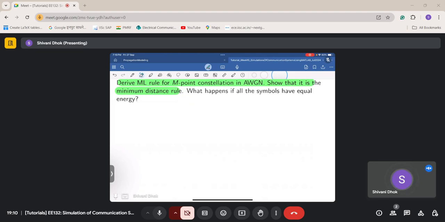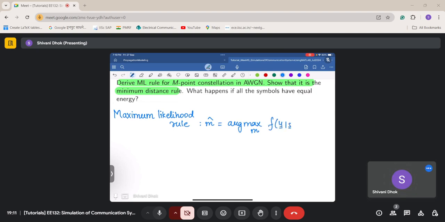So the maximum likelihood rule is M hat equal to argmax over M of f of y given Sm.